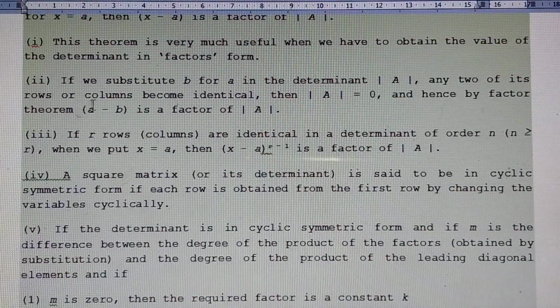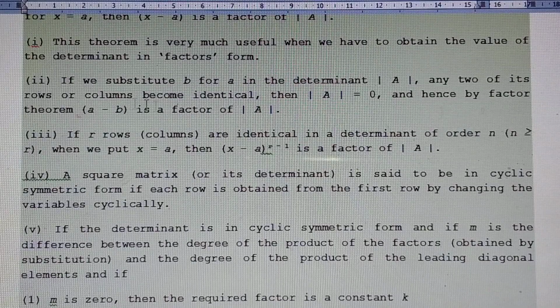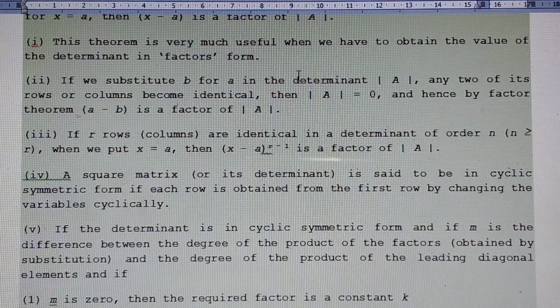So, yung kalawang rules: if we substitute b for a in the determinant, and any two of its rows or columns become identical, then the determinant is equal to 0. So, yun yung application ng property kanina, na kapag merong column na identical or rows na identical, ang value ng determinant ay 0.